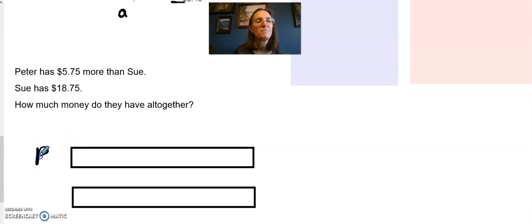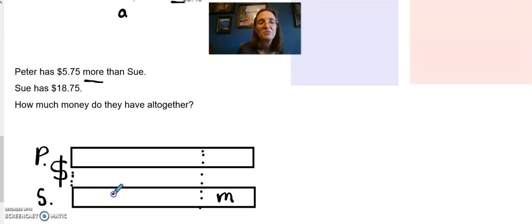Well, I'm going to make this box Peter's box and this box Susan's box. And I'm going to just draw one big dollar sign for both of them. Notice that they pretty much line up. You want them to start in the same place, and we start with them being equal. And as I think back and reread the problem, I see that Peter has more than Sue. So I'm going to just save myself some drawing time and call this the more, the M. I know that Sue has $18.75.